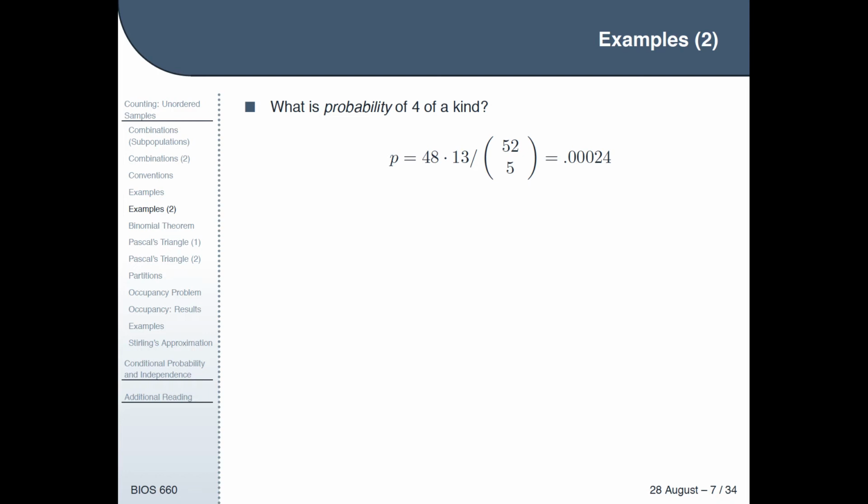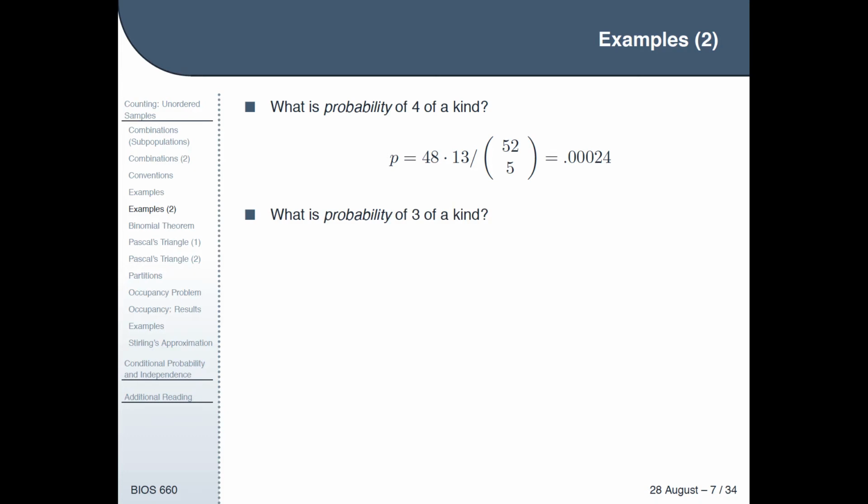There's 13 possible things that your 4 of a kind could be, and then the 5th card can be anything. So 13 times 48 possible ways you can get 4 of a kind, once again divided by 52 choose 5 to get a probability of 0.00024 of getting 4 of a kind.